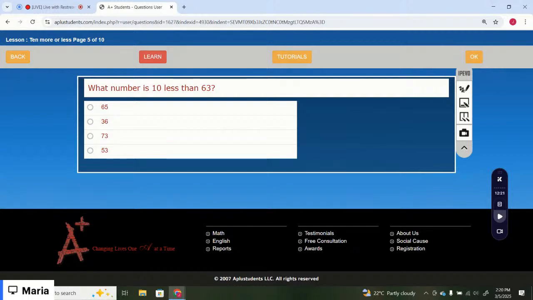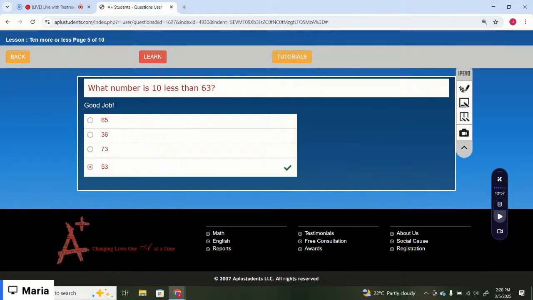What number is 10 more than 63, which is the correct option? 10 less than 63 means 53.